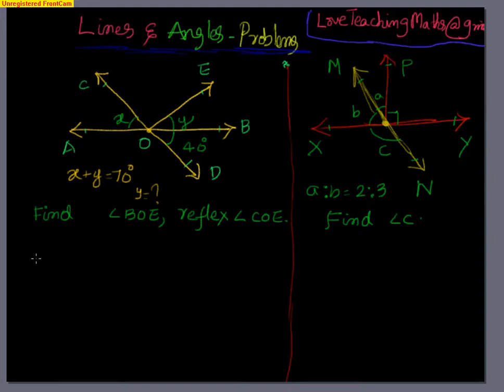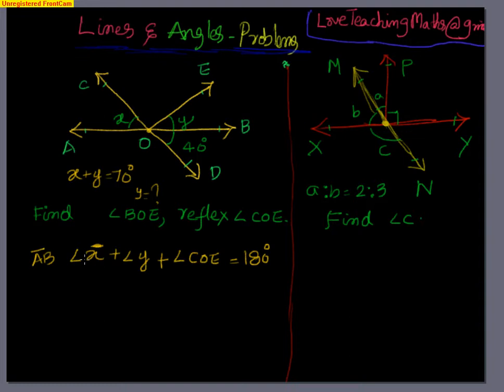Let me take the straight line AB. Since these non-common sides make a straight line, the total angle here should be equal to 180 degrees, because the angle on a straight line is 180 degrees. So angle x plus angle y plus angle COE is equal to 180 degrees.